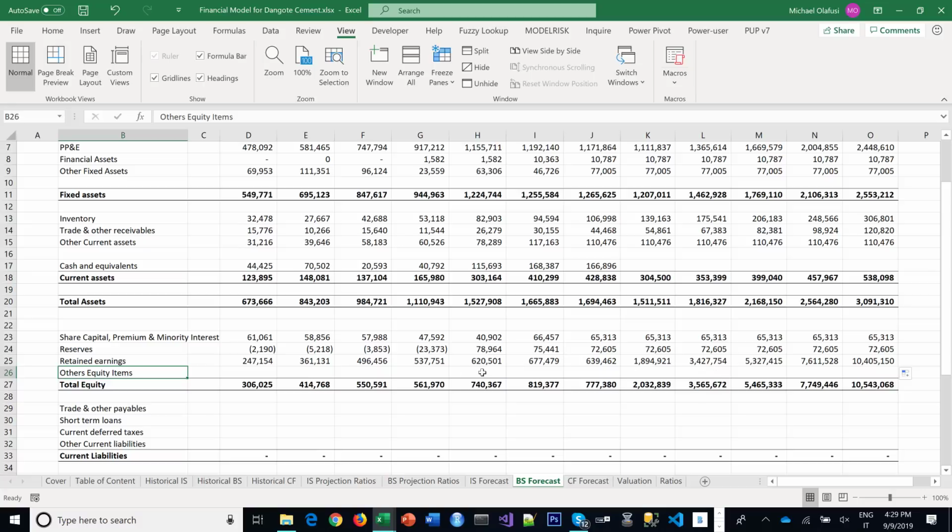But for this one, we don't know of Dangote's dividend plan. So if they decide to pay dividend, right, great. It's still like your money they are giving back to you as the equity owner anyway. So I do for the other equity items.